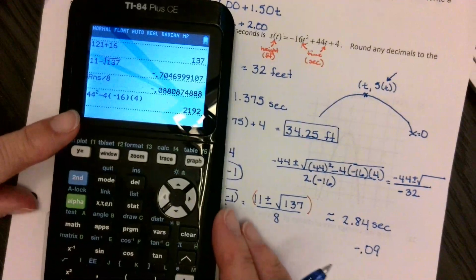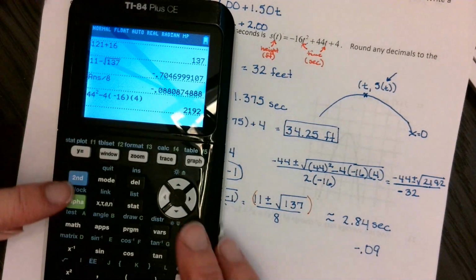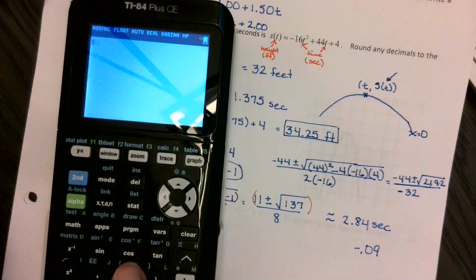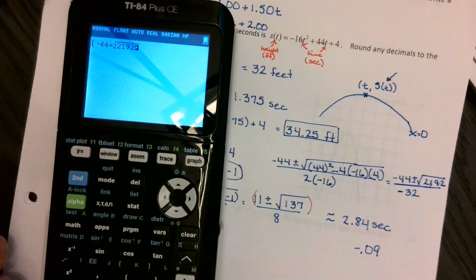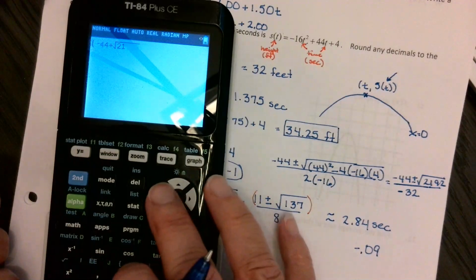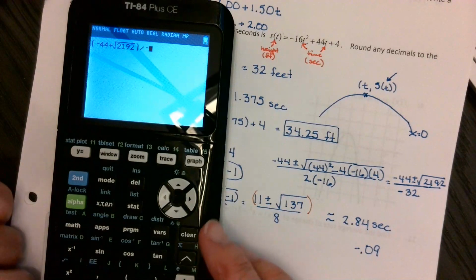Okay, so I get 2192. Okay, so let's try this. I'm going to do the whole thing at once. Negative 44 plus the square root of 2192, divided by negative 32.